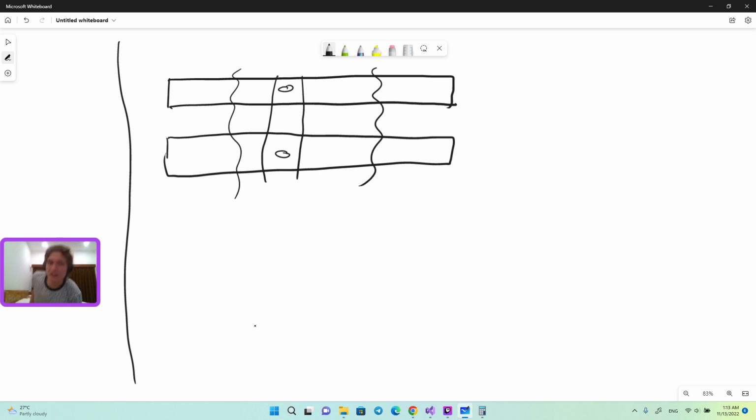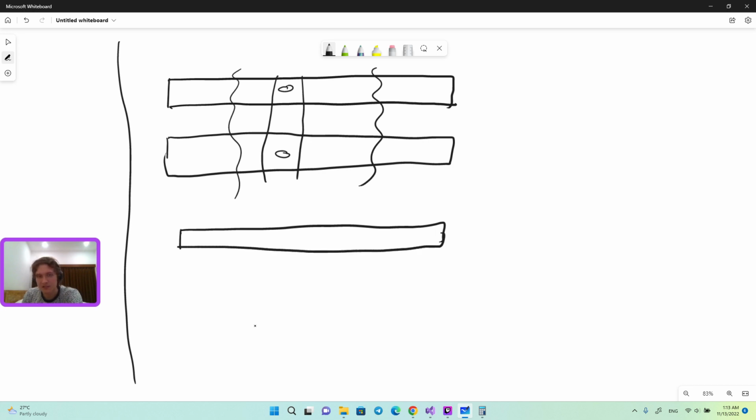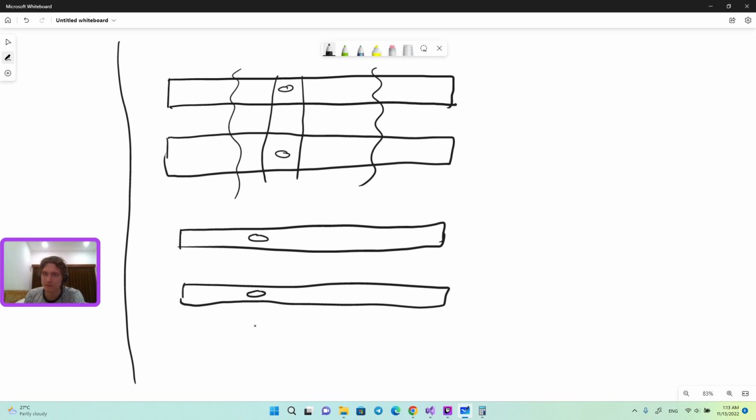And what did I find during the contest? I found out that actually, let's consider these two arrays, and let's consider their leftmost maximum. First of all, they need to be on the same position. So this is the leftmost maximum.